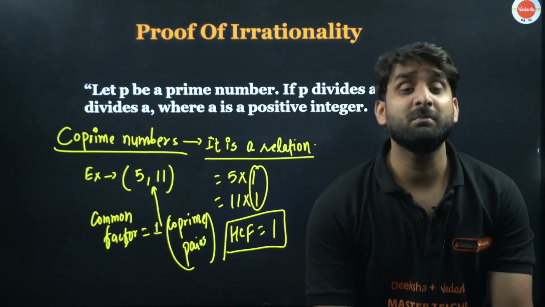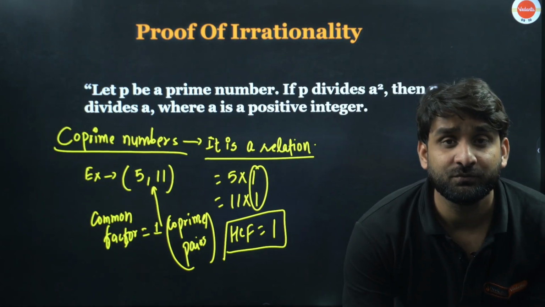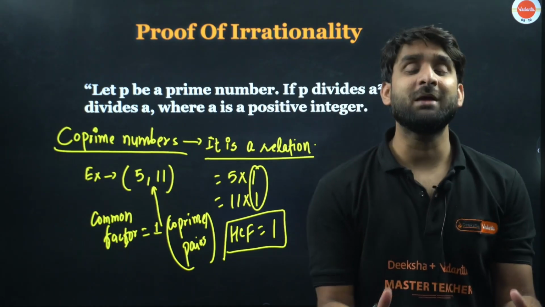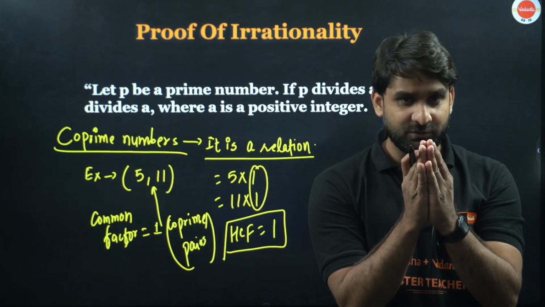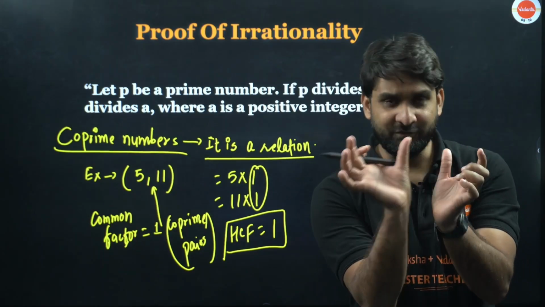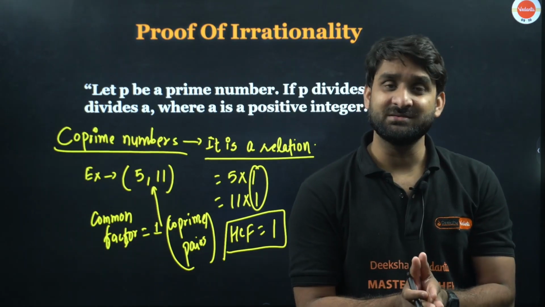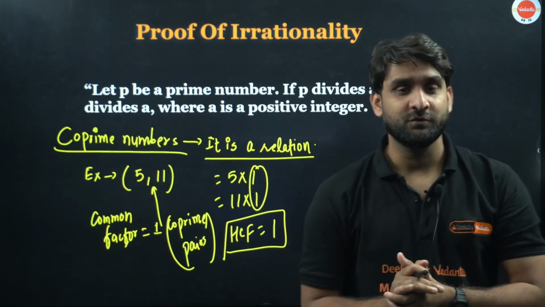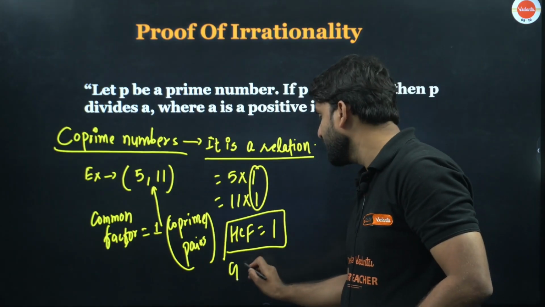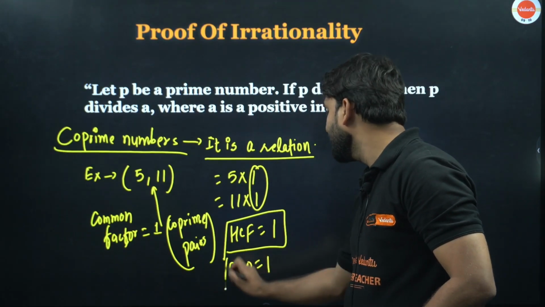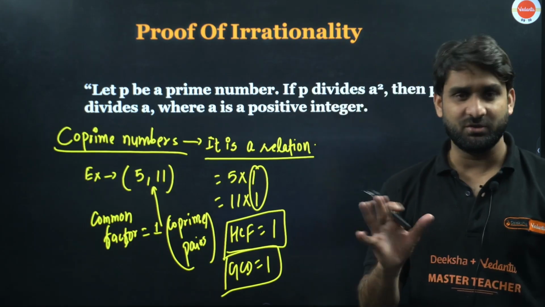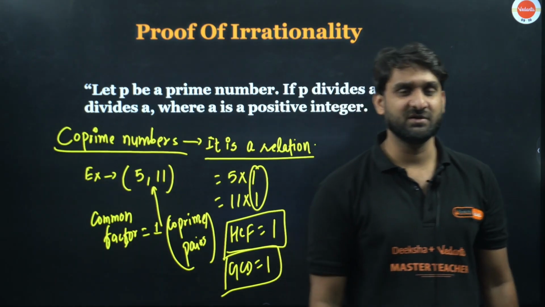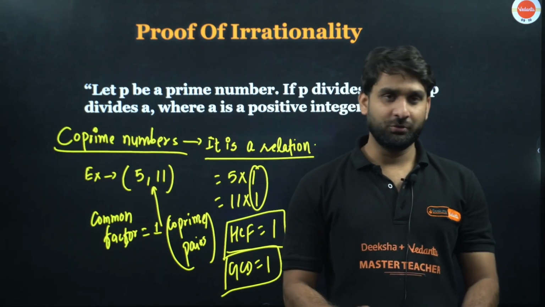So co-prime numbers are the pair of numbers which have HCF 1, which is also called the greatest common divisor. So we can write GCD. GCD and HCF are both the same. Don't worry, there is no difference between HCF and GCD.